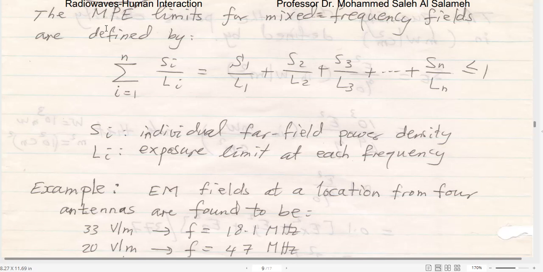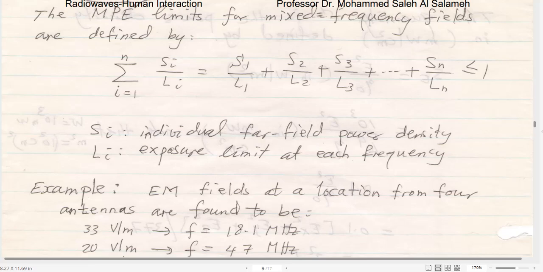Maximum permissible exposure limits are the highest fields or radiation power densities that should not be exceeded when exposure of a human being to waves is considered.